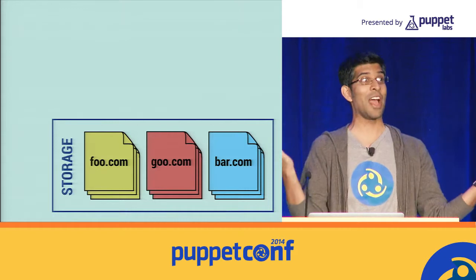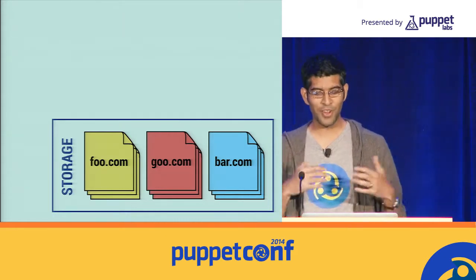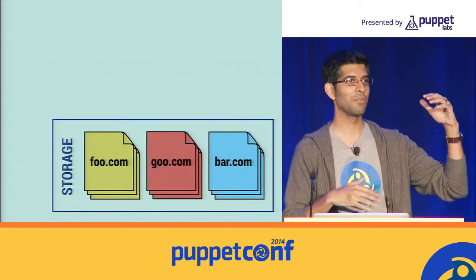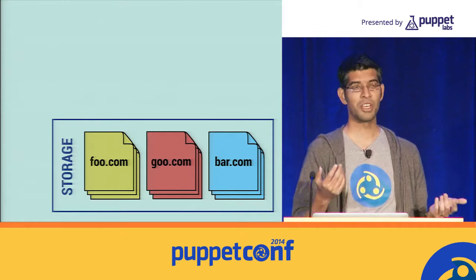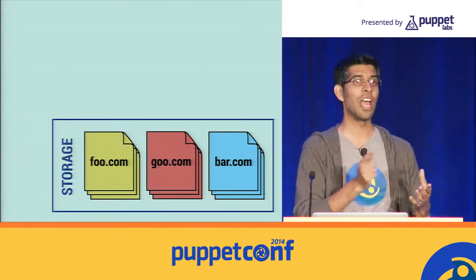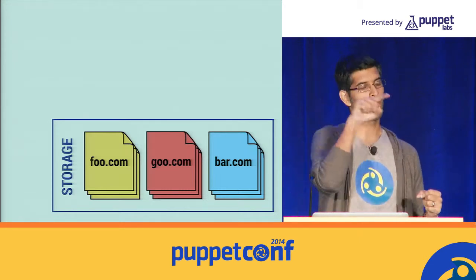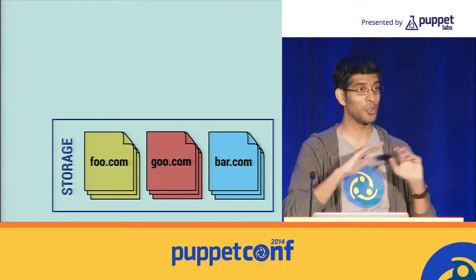I still see some people. 1,000? All right, so there are some people. So you can imagine that if I have a pretty big blob, like a catalog that has information about 1,000 resources, what's inside of it? Well, it's every resource, their types, their titles, every single parameter, every single relationship, like require, subscribe, before, notify, pretty much the whole thing.